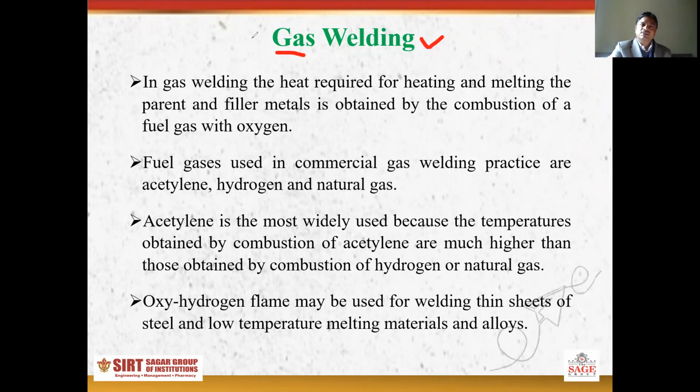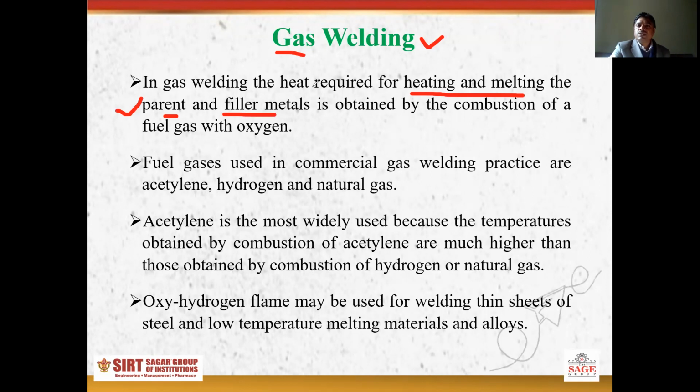That means gas is used to produce heat, and that heat is used to prepare the joint. So what is the use of that heat? Heat is used for the heating and melting of the parent metal, meaning the base metal, and the filler metal.